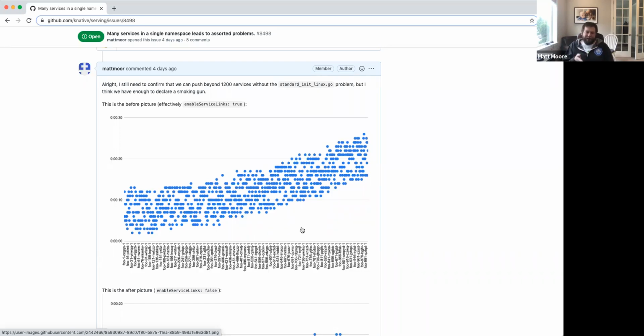Oh, well, my binary got bigger, my container image got bigger, so it's a little slower to pull, or a little slower to start up. But it could be that I switched from Go 1.13 to Go 1.14, and there's some sort of regression in the language around startup performance or something like that.